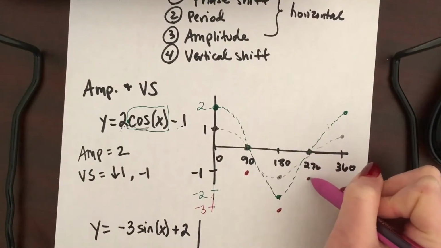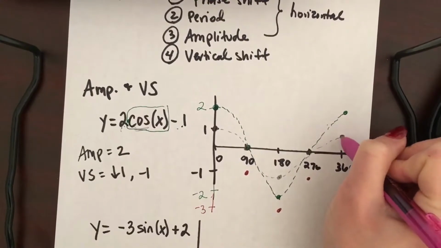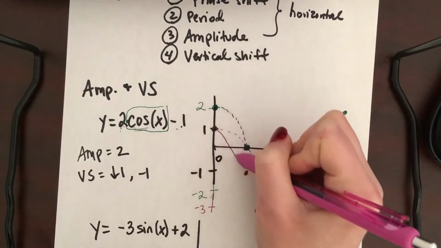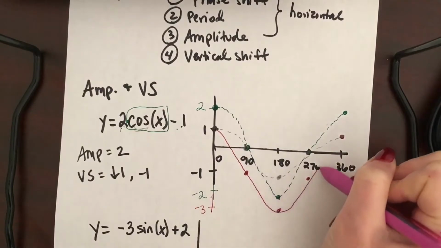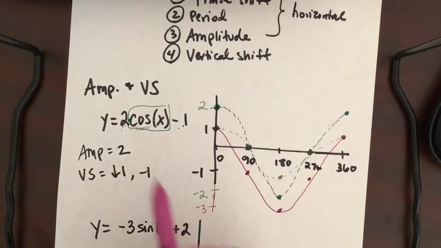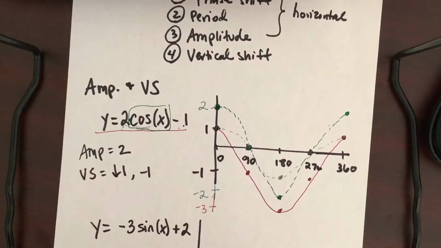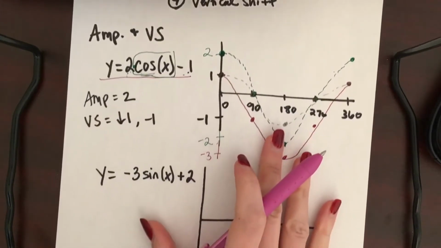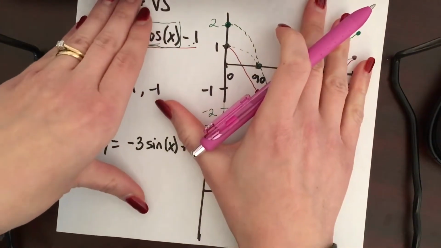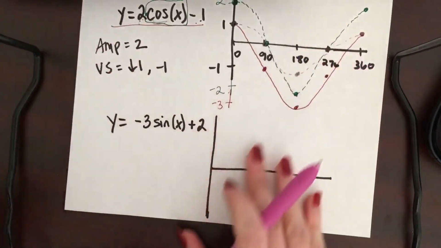Down 1 at negative 1. Down 1 to be back at 1. Right? So our pink here happens to be the final version of this entire equation. Right? We did the amplitude first. Then we moved everything down 1 unit. Okay. Let's take a look at another one where we just have the amplitude and the vertical shift happening.